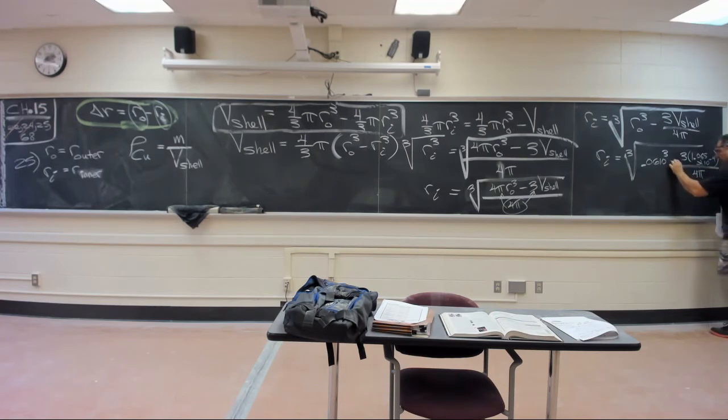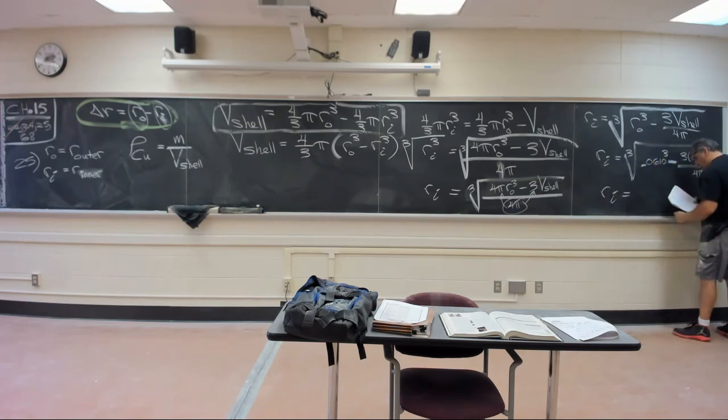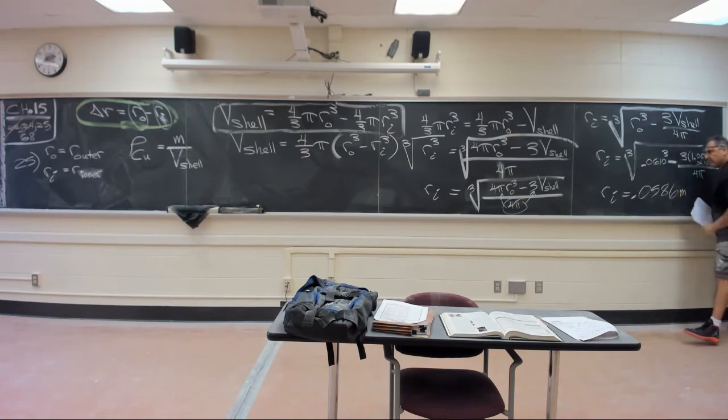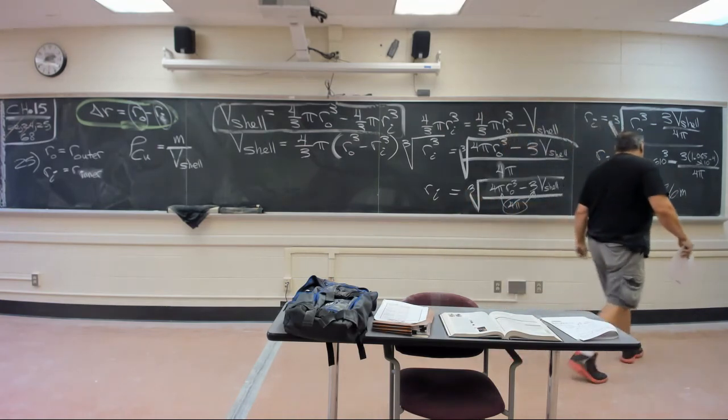Just that one, not this one. Grind all that out, get the cube root. Ri, that's very significant. Here's your Ri.